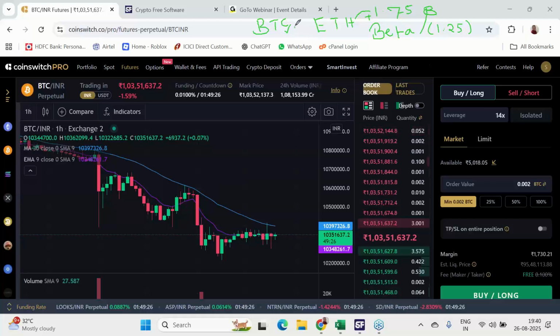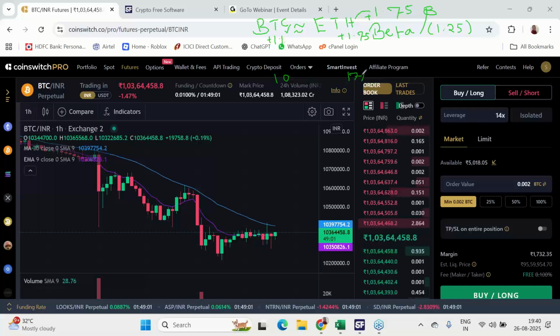This particular thing says that if Bitcoin is going plus 1%, then Ethereum should move 1.75%. This is what beta means. Or over a period of time, if Bitcoin is giving you 10% return, at that time Ethereum will give you 17% return. Same as the risk.